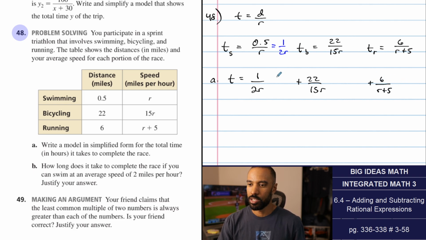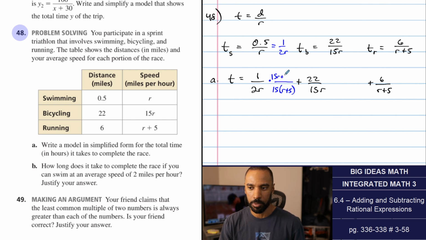All right, this one is missing on bottom a 15 and an r plus 5. Now, when you distribute 15 and r plus 5, you get 15r plus 75. This is missing a 2 and an r plus 5, and when you distribute that on top, you get 2r plus 10. I do that on top because I need to start cleaning up the top.